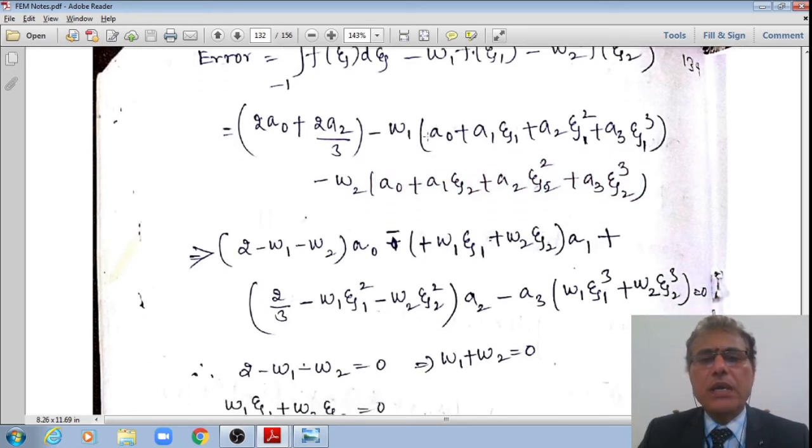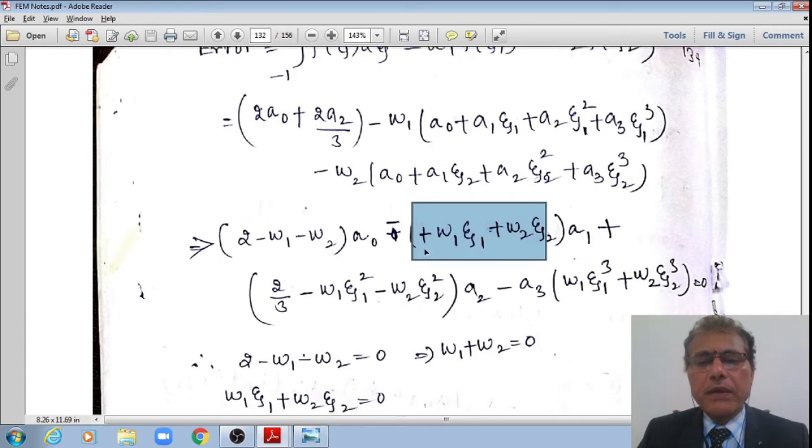Now what I'll do is I'll take all the terms containing a0 as 2 minus w1 minus w2 multiplied by a0, right? Then all the terms containing a1 as minus w1 xi1 plus w2 xi2 multiplied by a1.